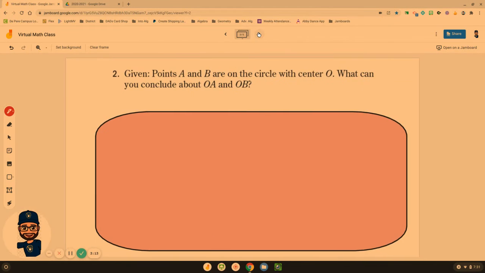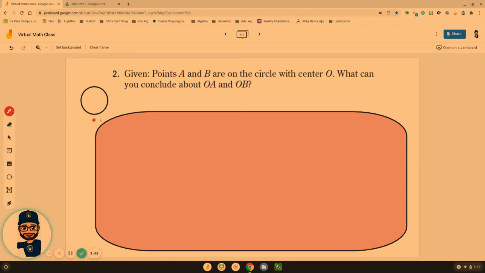Now, how do we look at this in a more broader context? So here's question number two, where we've got to use some background knowledge. If we are given the following, that points A and B are on a circle, and that circle has a center O, what can we conclude about the distance from OA and the distance from OB? So we draw a circle, and I'm just going to draw it over here. I have a little bit more room, and we'll just make it white.